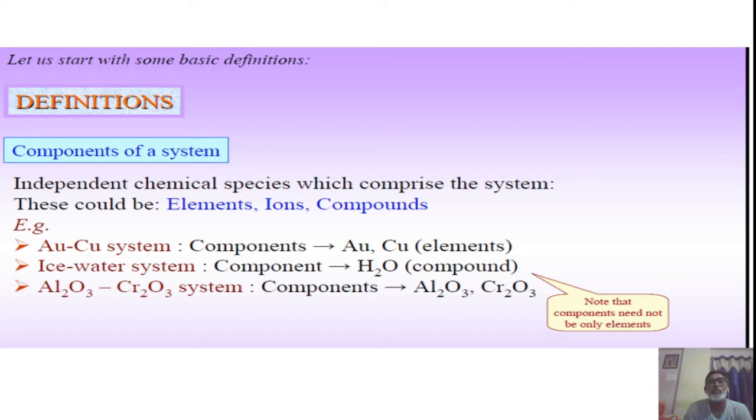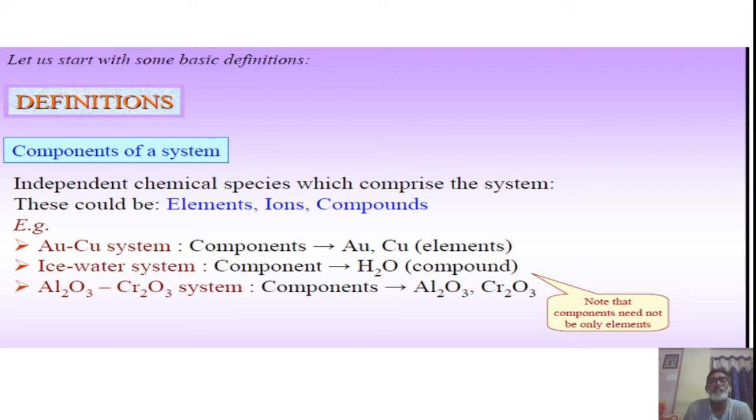In the previous case, it's the elements. But it need not be only elements; it can also be ceramics, for example, Al2O3 and Cr2O3 system, with components Al2O3 and Cr2O3.